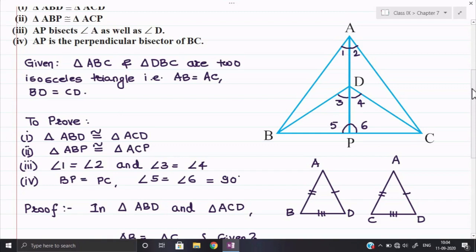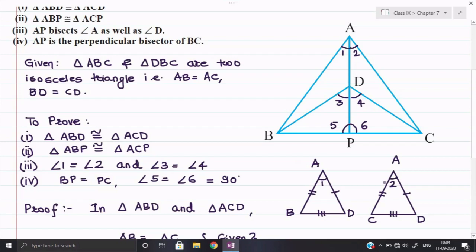So let us see angle 1 and 2 are corresponding or not. Angle BAD is angle number 1. Observe carefully. Okay, so this is my angle 1. CAD is my angle number 2. So can we say that they are corresponding?